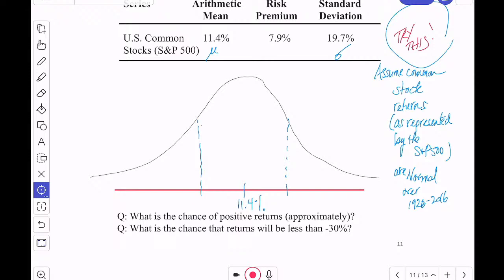So I'm going to add 19.7 to 11.4, and I get 31.1.